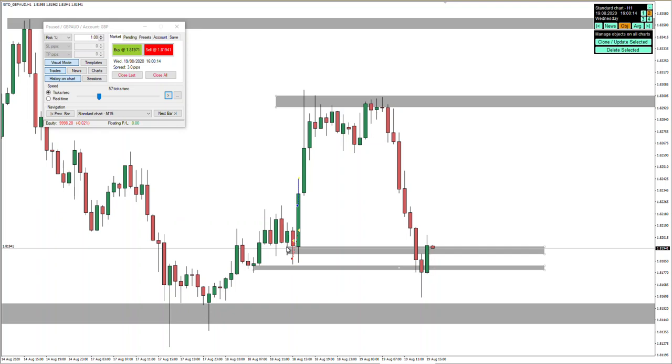It's a little bit the same problem when we look at this support, the old support. It's slightly broken. Slightly broken. I want to see price retracing a little bit. Let's see if we can get that.